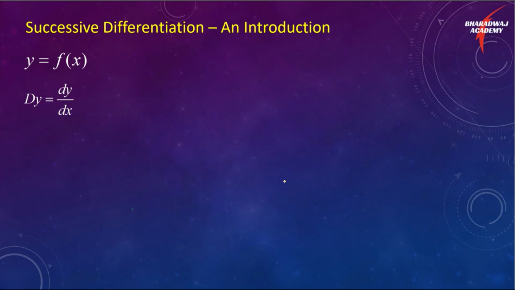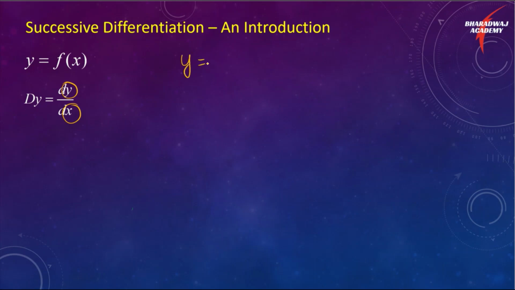Now dy by dx is the first differential which tells us the rate of change of variable y with incremental change in x. But that's just the basics. However, dy by dx is also another function which can be differentiated many times. So let me demonstrate with the help of an example.